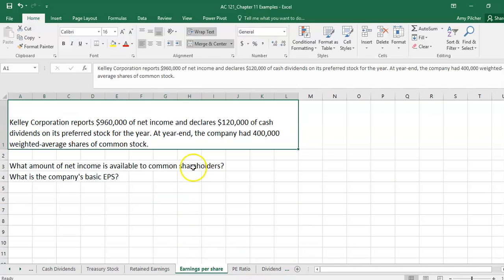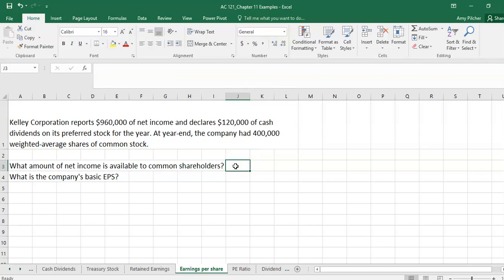Our last couple examples are looking at the various ratio analysis we calculate to determine how good of an investment a stock is. So one of those main ratios is earnings per share. Earnings per share is net income available to common shareholders divided by the number of average shares outstanding. So we have $960,000 of net income and $120,000 cash dividend.